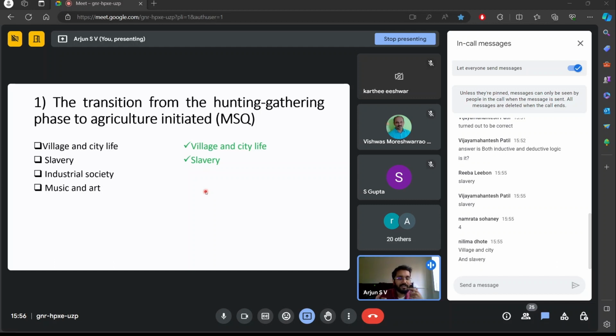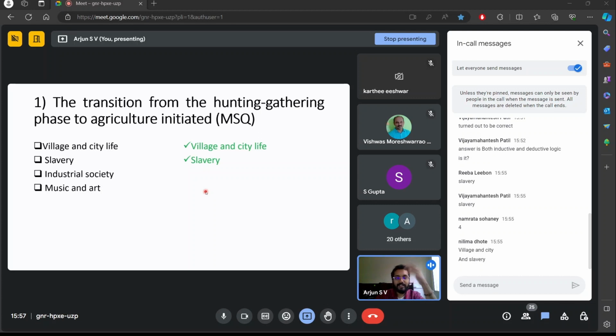This infrastructural change could have resulted in areas which were relatively advanced in food storage and settlements, whereas there would be areas where food storage was very scarce and people were still nomadic. So I think this is what they meant by village and city life, and since it is a multiple select question, this could be correct as well.